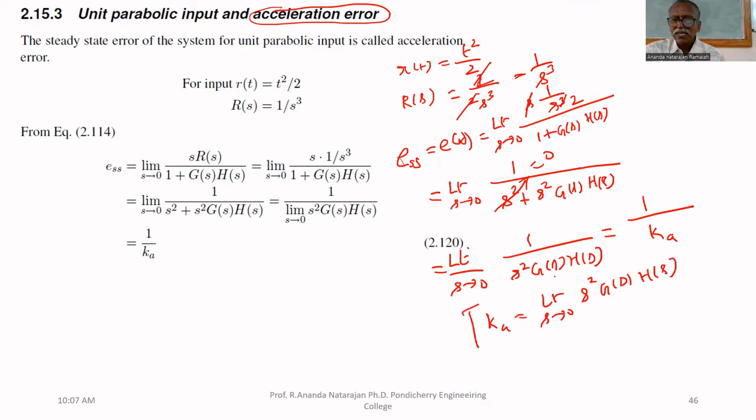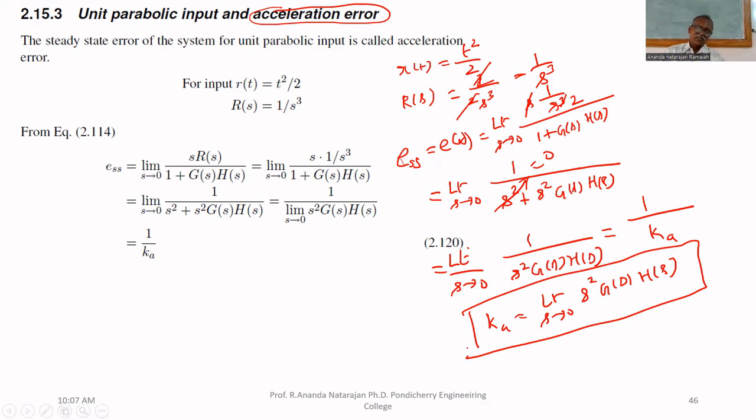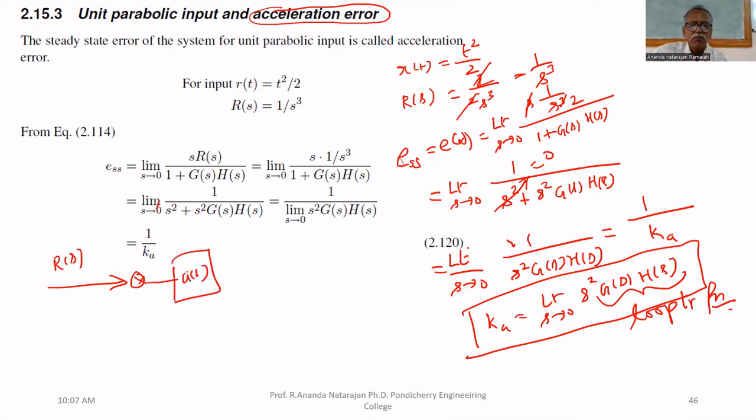So for acceleration error constant, you have to multiply the loop transfer function by s square. G of s h of s is called the loop transfer function. Why? Take the diagram: R of s, here you will have open loop transfer function G of s, output, and here you will get H of s with negative feedback.